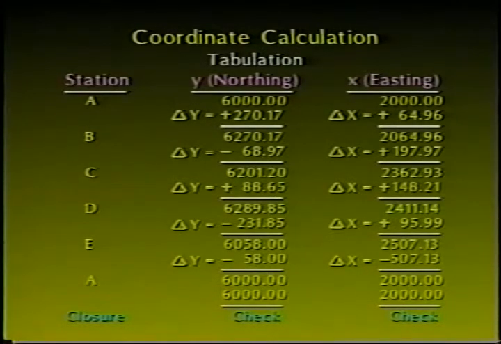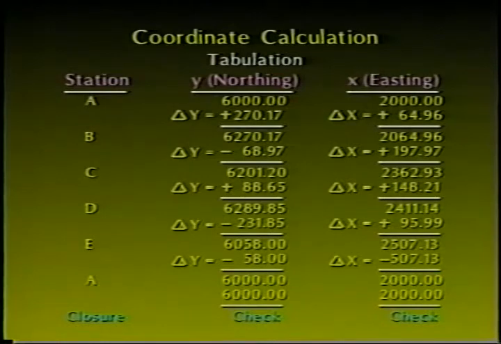2,064.96 feet. The next step is to determine coordinates of point C by adding delta Y BC, negative 68.97 feet, to the Y coordinate for station B, 6,270.17 feet. The Y coordinate for station C is found to be 6,201.20 feet.